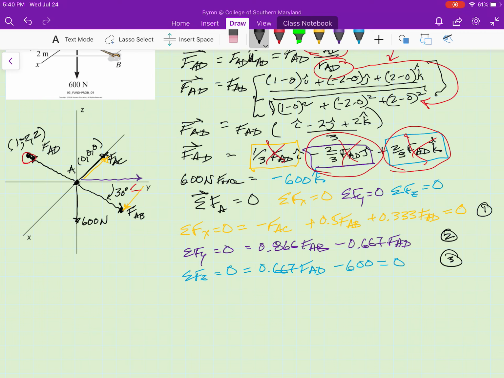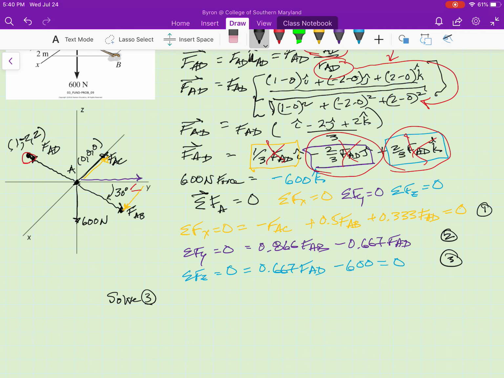So I could put these in the calculator, but I see that in my z direction, I have just one unknown in the equation, so I'm going to solve that one first. So my approach here is to solve equation 3.